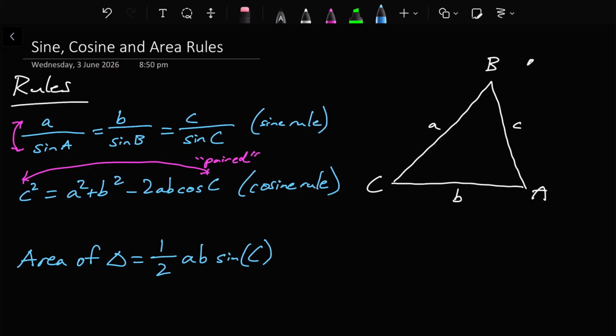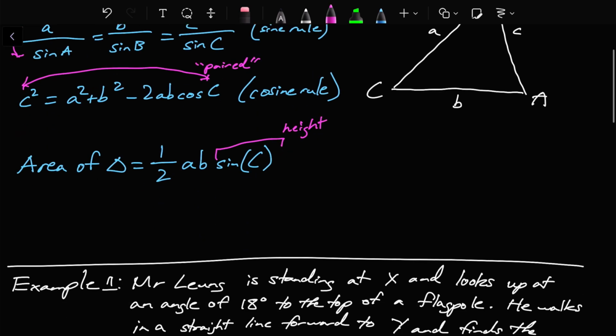In other words, it's equal to two side lengths multiplied together, multiplied by the sine of the angle in between them, and then you just take the half of that. Okay? In case anyone's wondering where this sine comes from, this sine is the height. It just so happens that we don't have a right angle triangle, we just take the sine instead. Great. Okay, so those are our three rules.